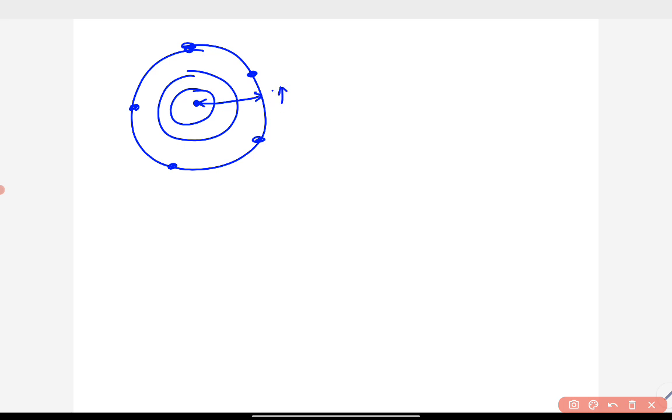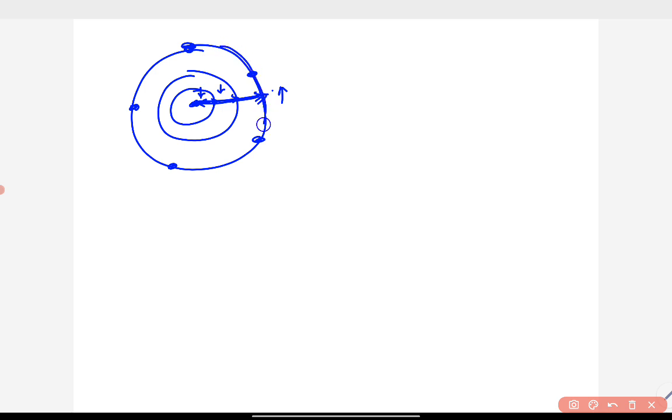Thus, an electron in the second orbit possesses more energy than an electron in the first orbit. There is a difference in energy due to the distance from the nucleus. It follows that electrons in the last orbit will possess very high energy.